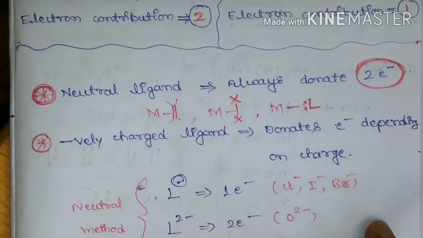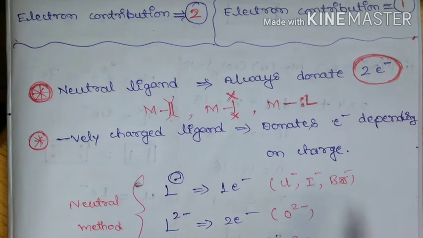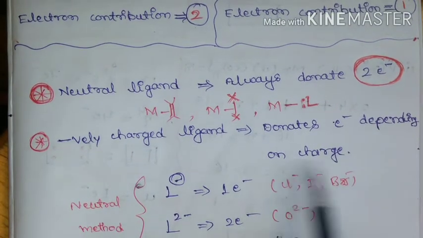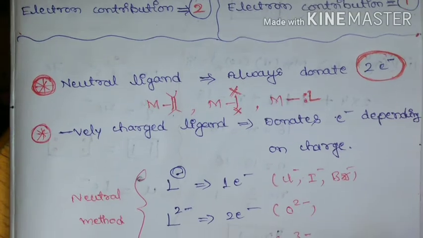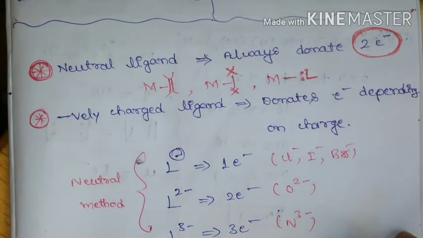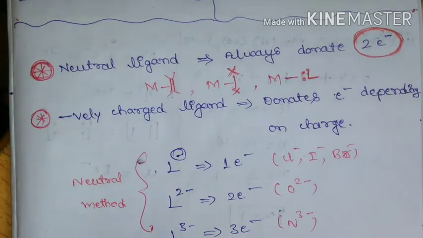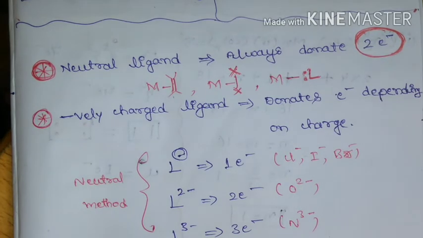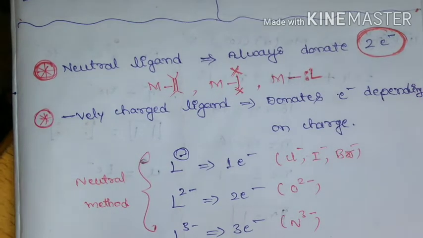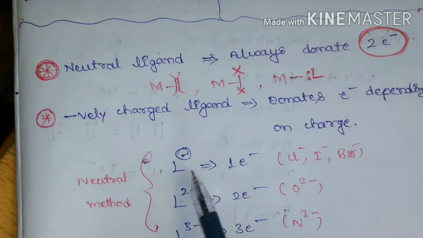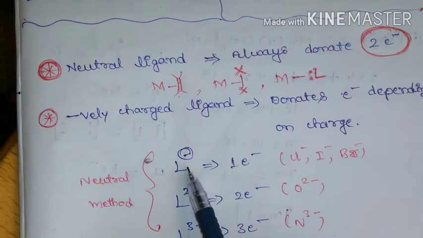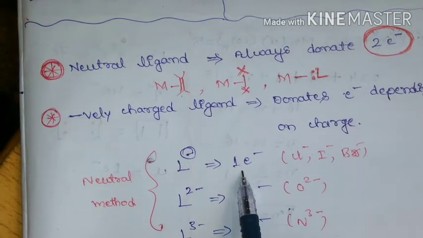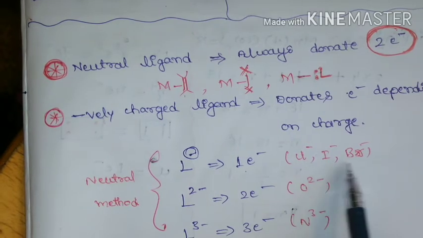And if we have negatively charged ligands, they donate electrons depending on the charge, and this is applicable for the neutral method. So in the neutral method, if we have a negatively charged ligand, then that charge will be equal to the electrons. If it has a single negative charge, it is going to give 1 electron, for example chloride, iodide, bromide.